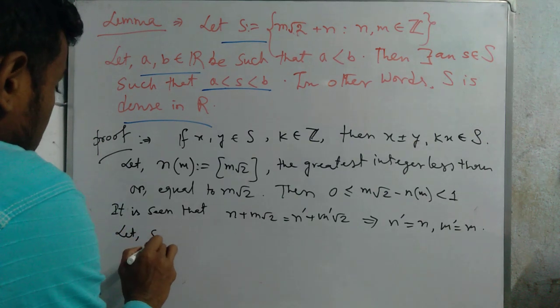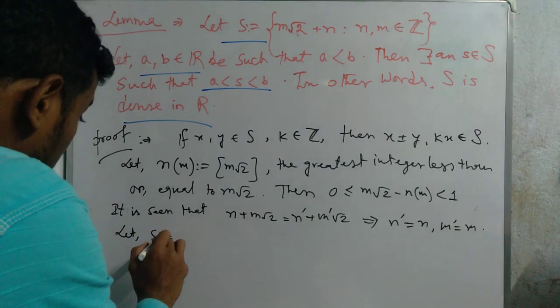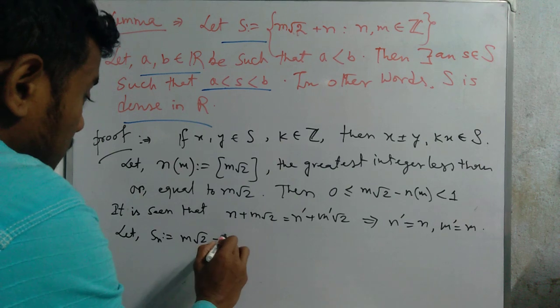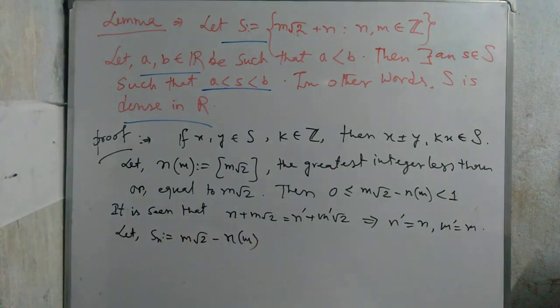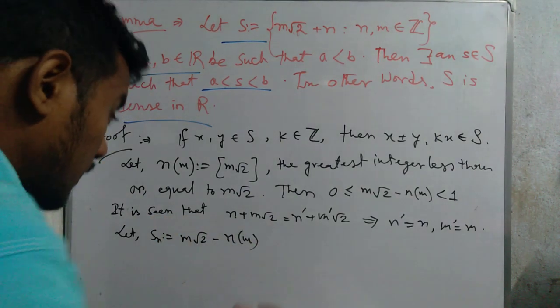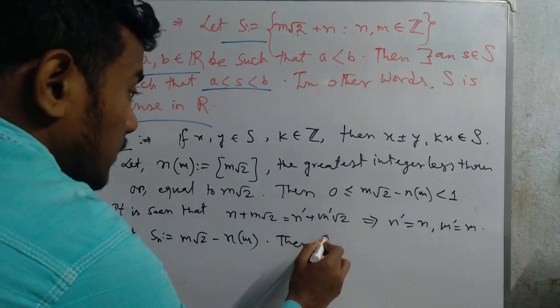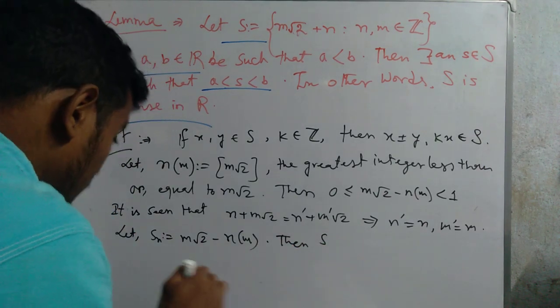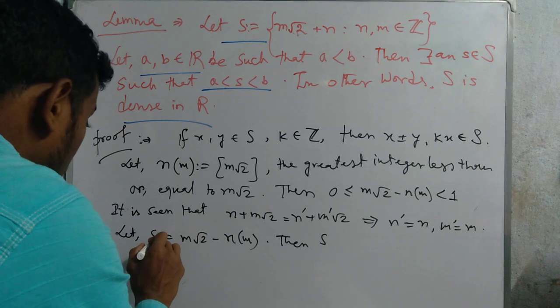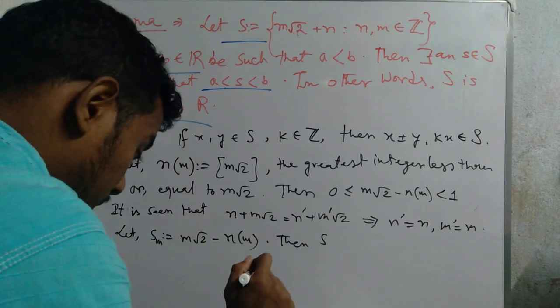Let sm equal to m root 2 minus nm. Then obviously we write sm because here all are functions of m.